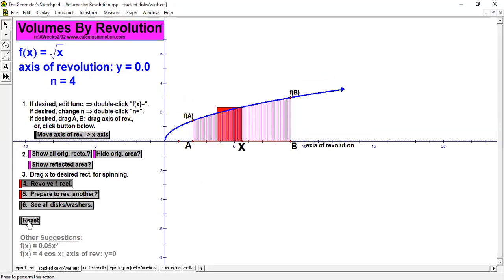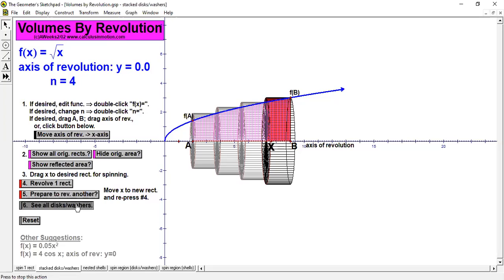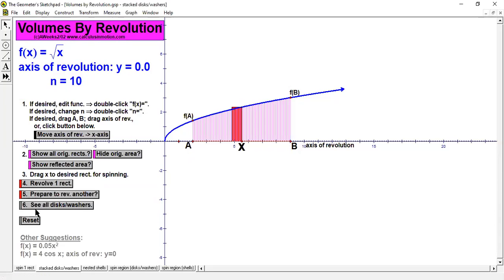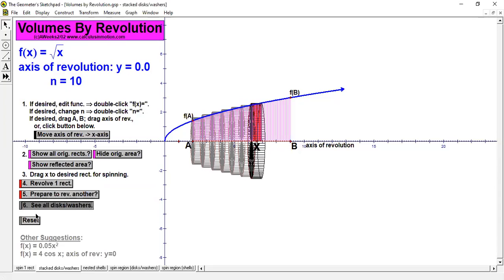Let's reset that. We're going to rotate this around the x-axis, and we're going to rotate it all the way across. That'll give us this kind of circular shape. But on a basic level, if I use 4, that's not going to be a great approximation. If I increase the number of washers, discs here, to 10, this would better approximate my curve.